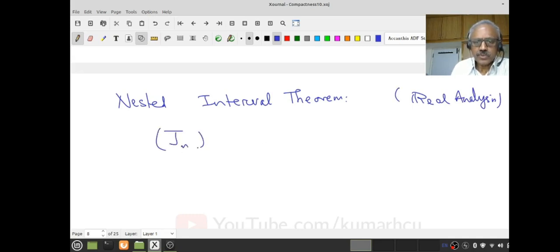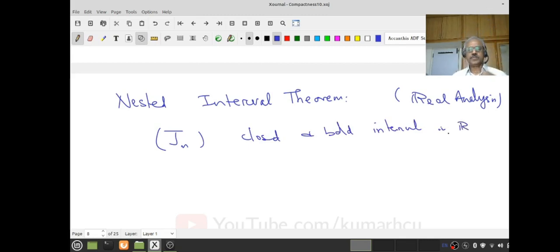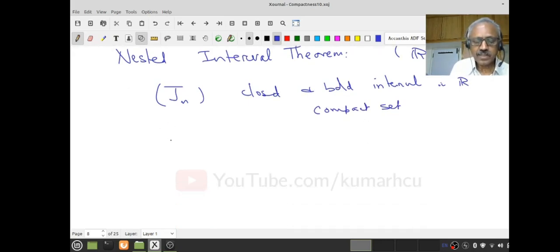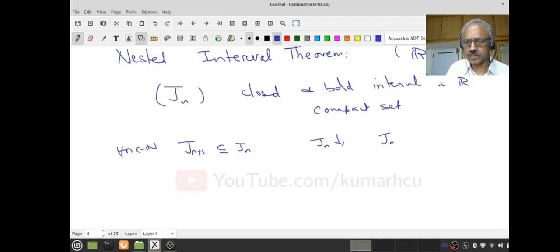I have a sequence of closed and bounded intervals J_n in R. Therefore each is a closed and bounded subset of R, so by the Heine-Borel theorem they are compact sets. Not only that, it is a decreasing, nested sequence. That means J_{n+1} is contained in J_n for every n.